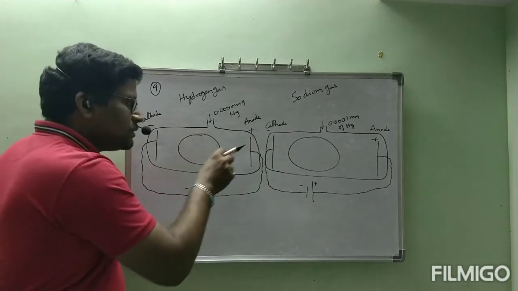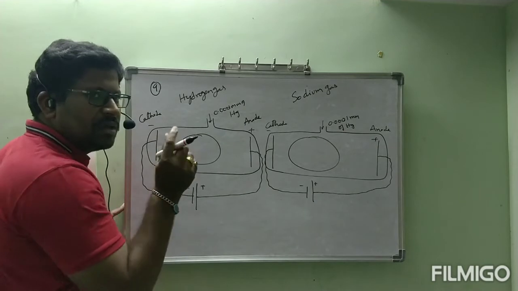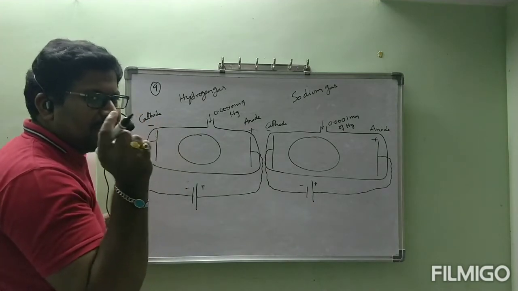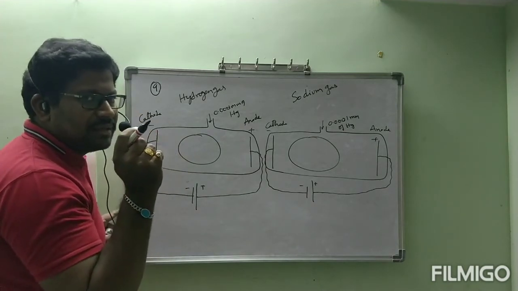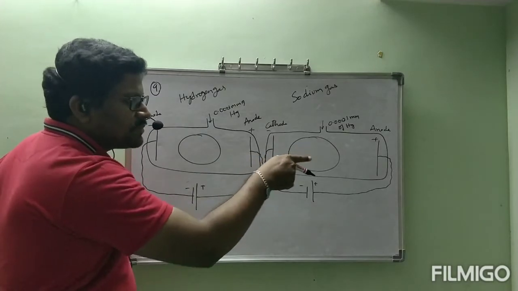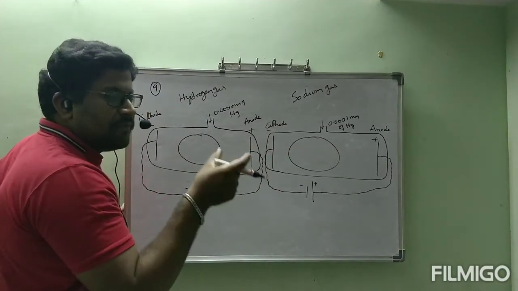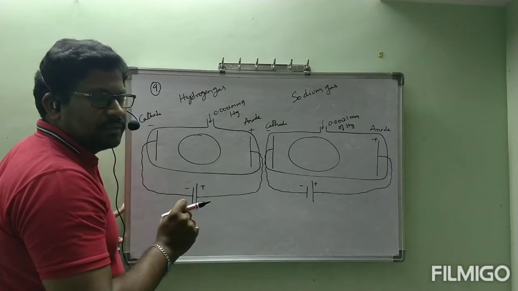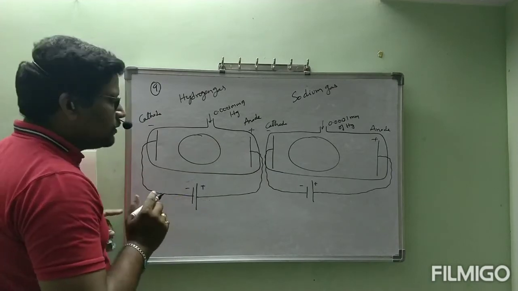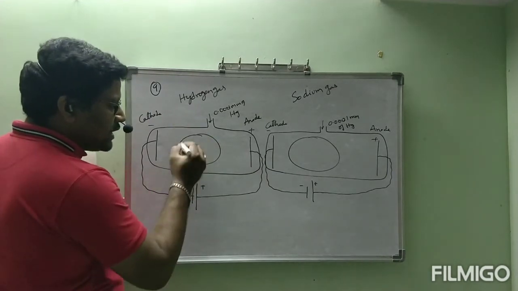I can draw so many atoms, but if drawn small the structure is not clear. Here also so many atoms of sodium are present. With respect to one sodium atom I am explaining. Now this hydrogen gas contains hydrogen atoms.